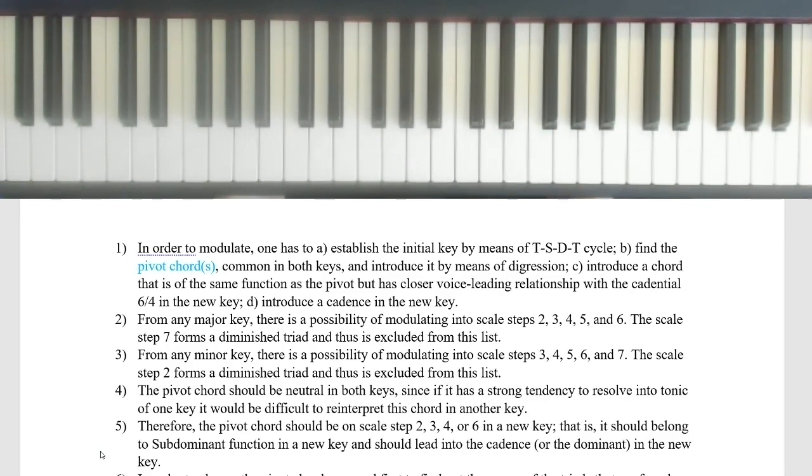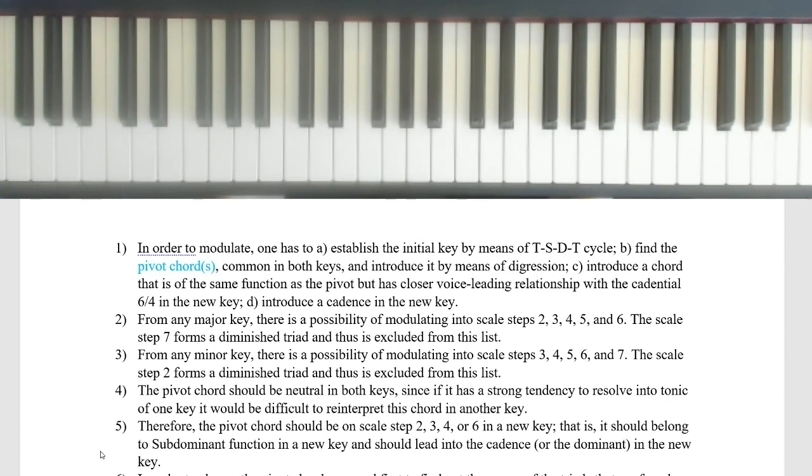So let's figure out how to calculate the pivot chords. From any major key, there is a possibility of modulating into scale steps 2, 3, 4, 5, and 6. The scale step 7 forms a diminished triad, and you know it is excluded from the list of our goals. From any minor key, there is a possibility of modulating into scale steps 3, 4, 5, 6, and 7.